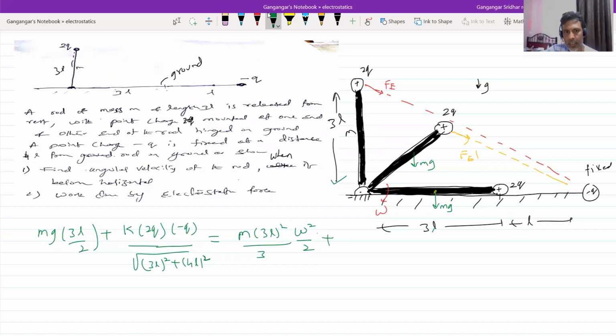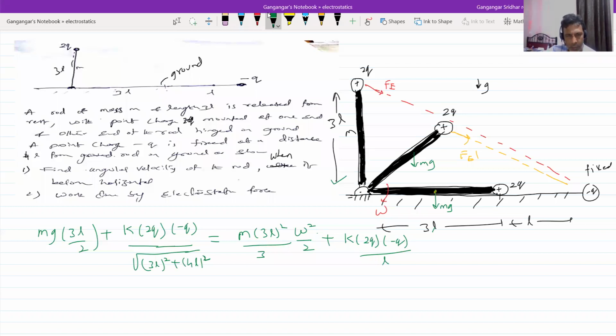The interaction potential will be k 2Q minus Q by L. The problem has become very simple by just applying conservation of mechanical energy. We know all the quantities, just substitute them and we'll get the omega.